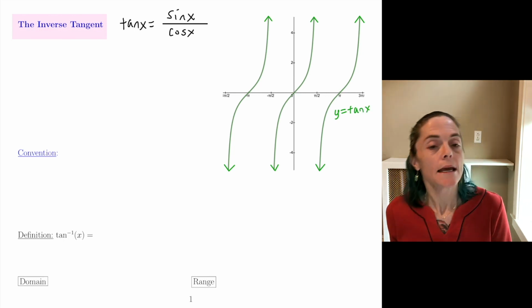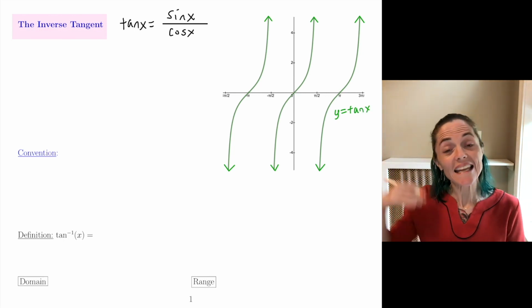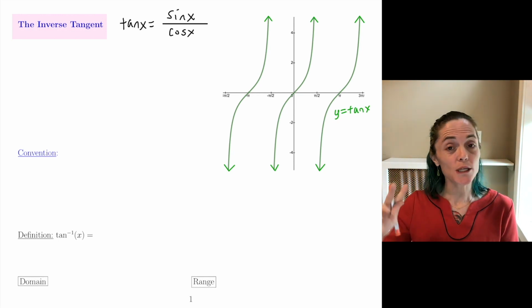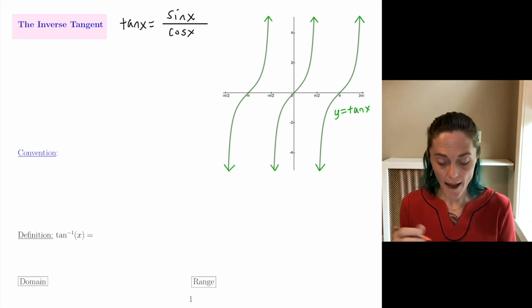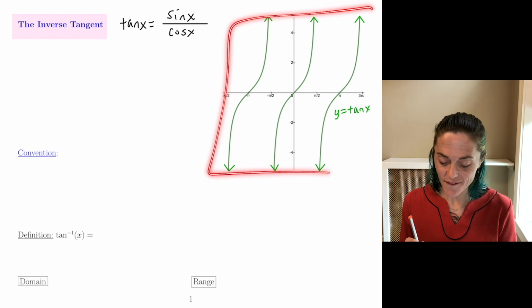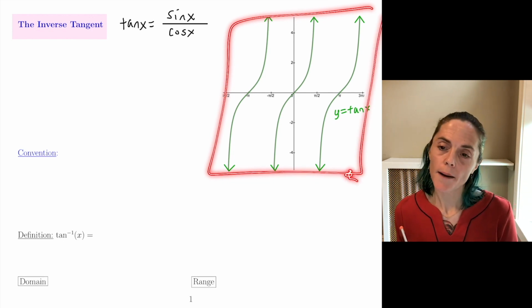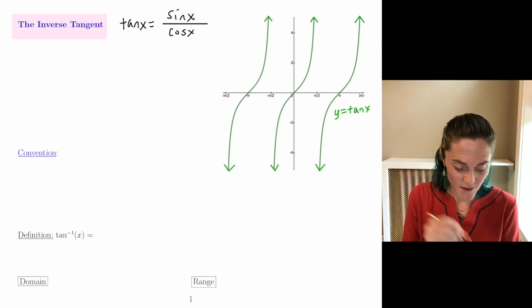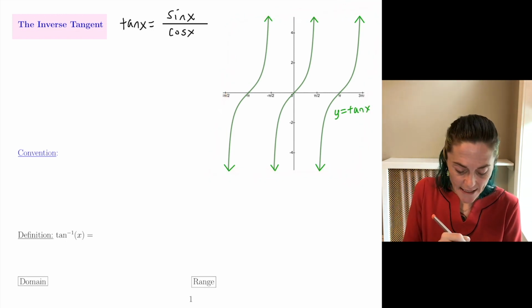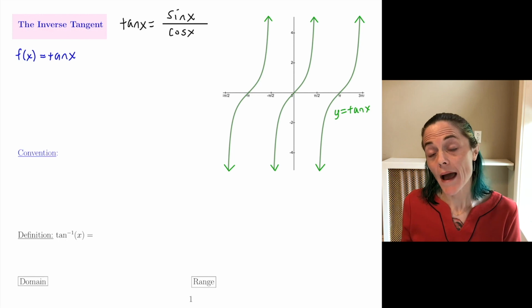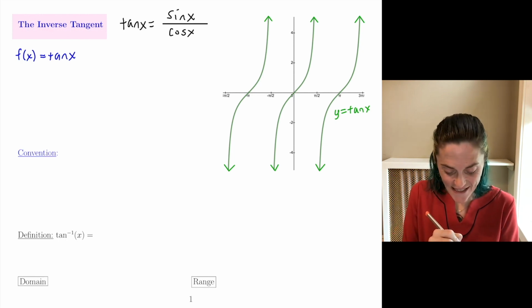Very nice. Now, an inverse function, in words, we interchange x and y. And looking at this graph, we would just flip it along the line y equals x. But the issue is that the tangent does not pass the horizontal line test.